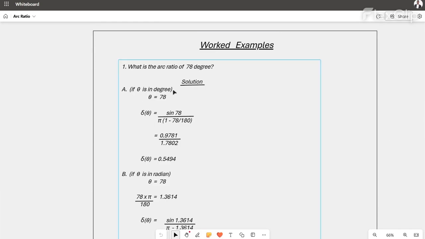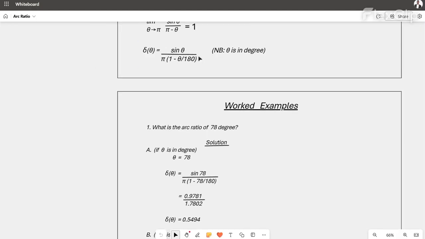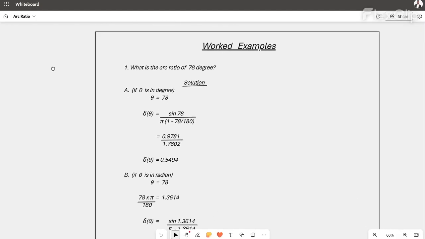Now the first one is in degree. Theta is 78 degree from the question. Then delta theta is equal to sine 78 all over pi times 1 minus 78 all over 180 close bracket. That's the formula we are using.